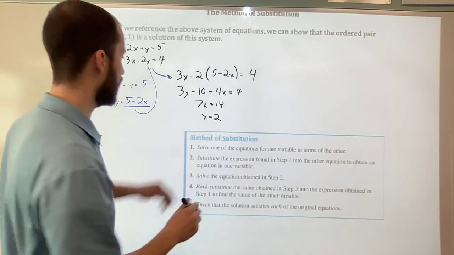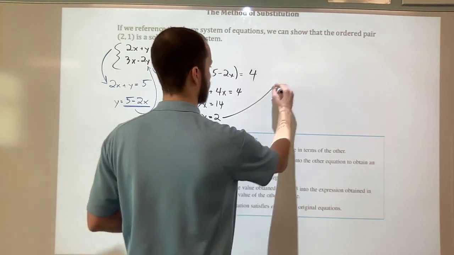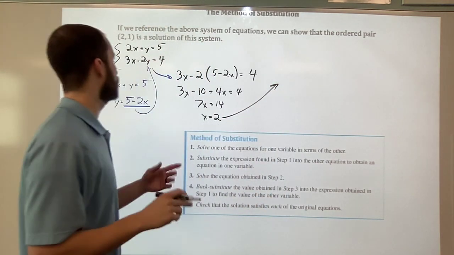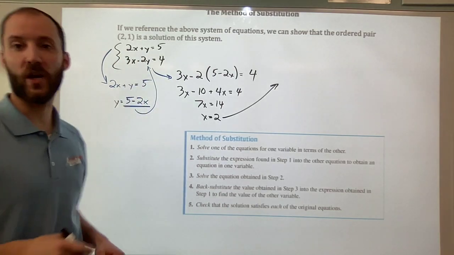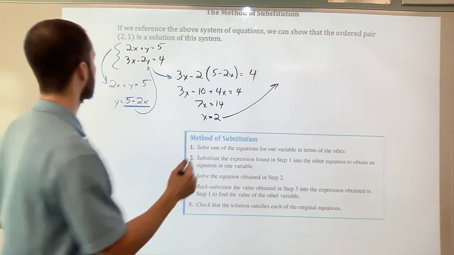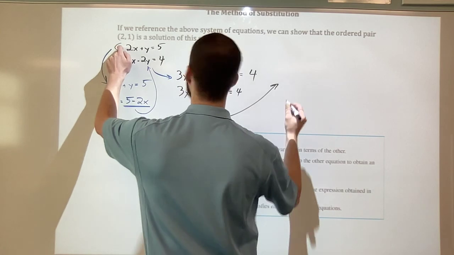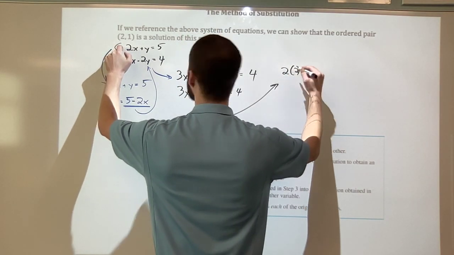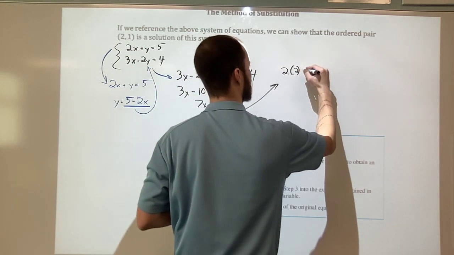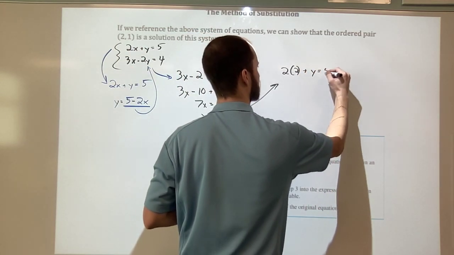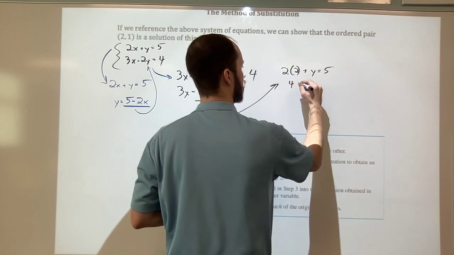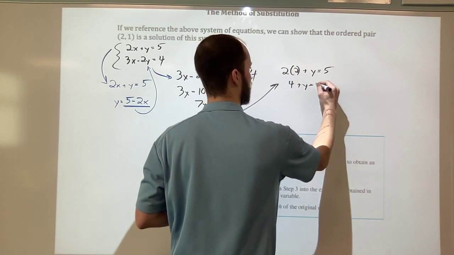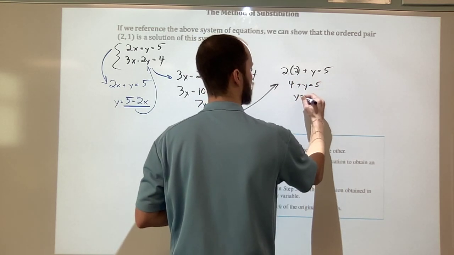So now we have a numeric value for x. Take that numeric value. Now you can plug it into either equation for x. So I'll do the first one, because why not? So 2 times 2 plus y equals 5. 4 plus y equals 5, y equals 1.